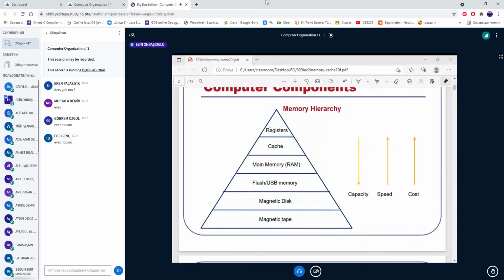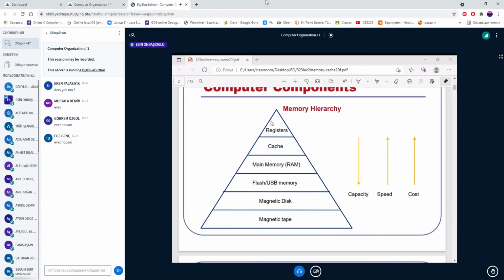The registers are inside the CPU, as I said. And as they're inside the CPU, it is very fast to access the registers. So registers are the fastest storage units in a computer. But the problem is the number of registers that you can store in a chip is very limited. You may have 128 registers, 256 registers.